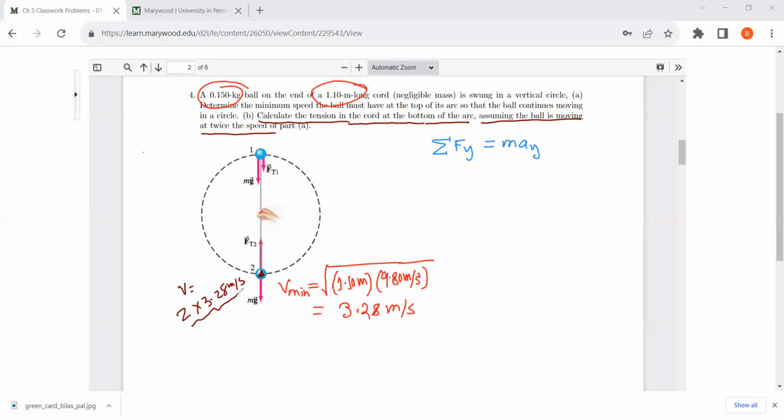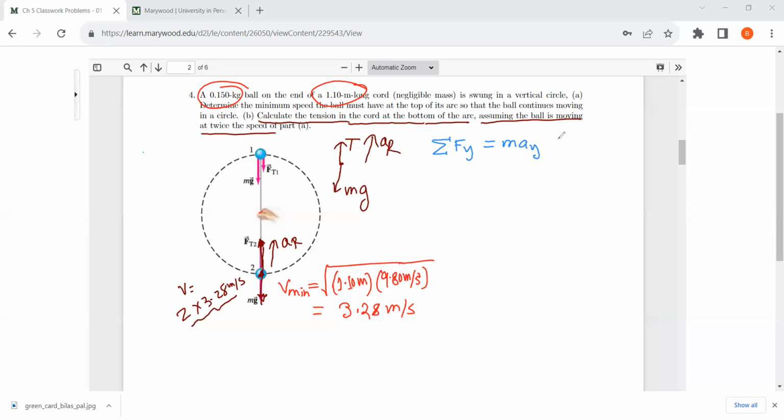Again, draw the free body diagram. This time the tension will be in this direction and the gravity is always downward. Because the ball is here, the tension is along the string, gravity is downward, and the centripetal acceleration is toward the center, so the acceleration direction will be this direction.